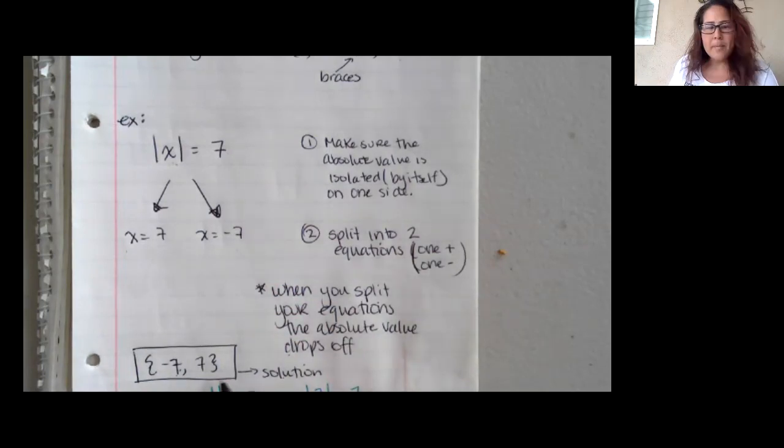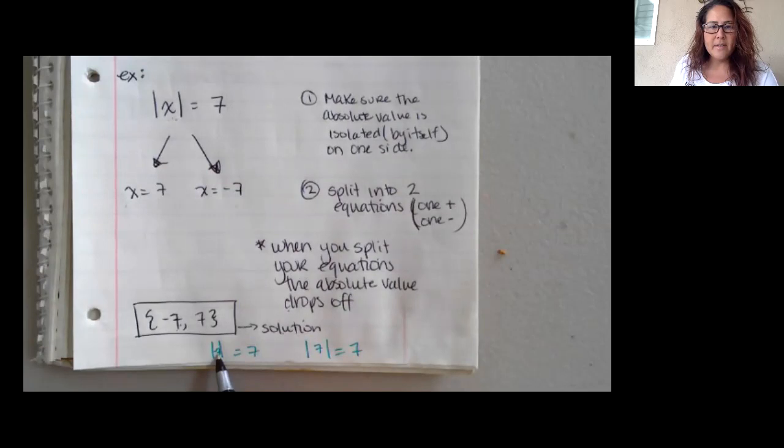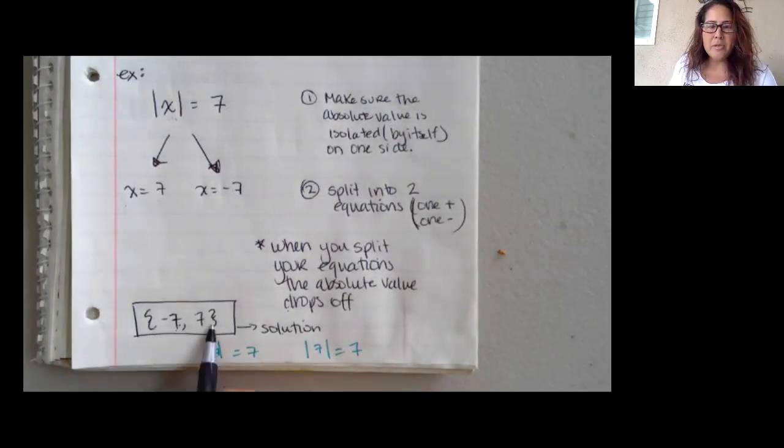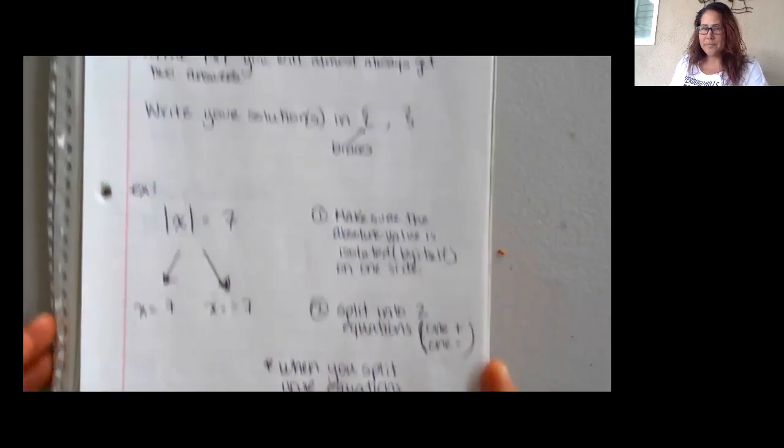Okay? And then when I plug it back in to check, if I plug in -7, the absolute value of -7 equals 7. The absolute value of +7 also equals 7. So I know that my 2 solutions are correct. Let's try some more.